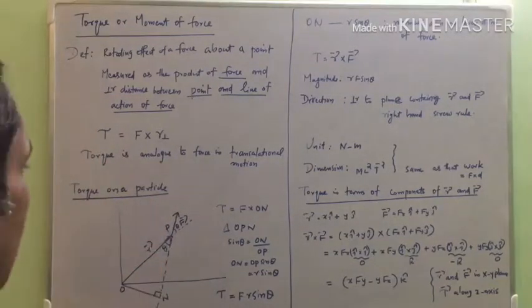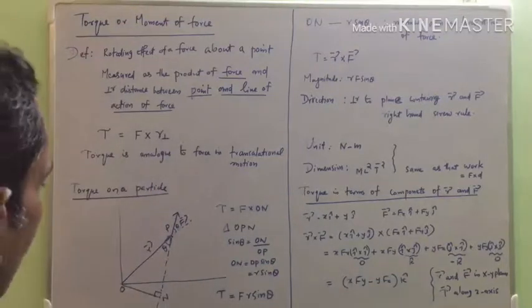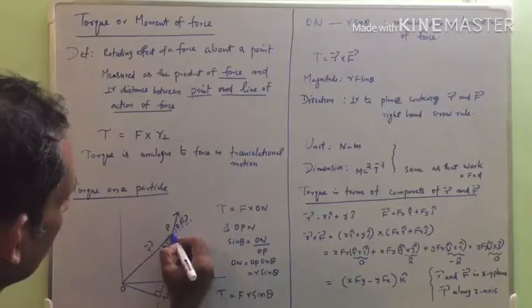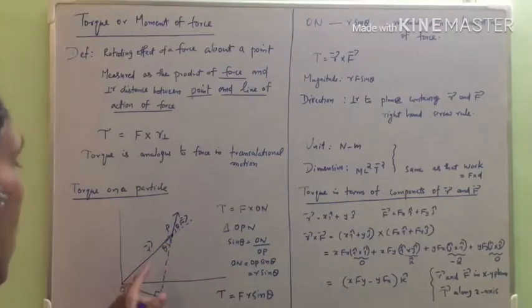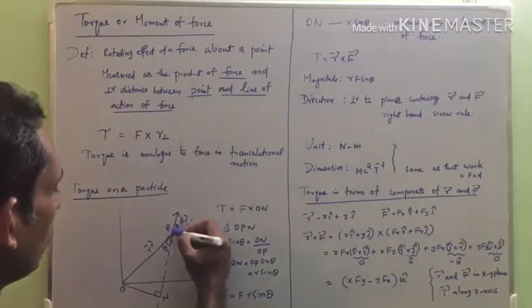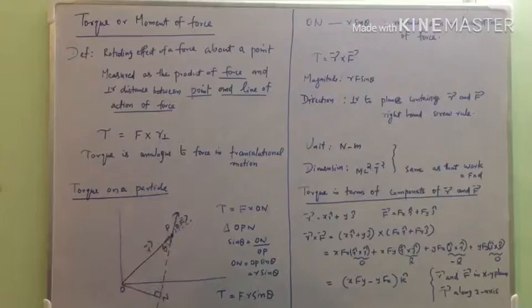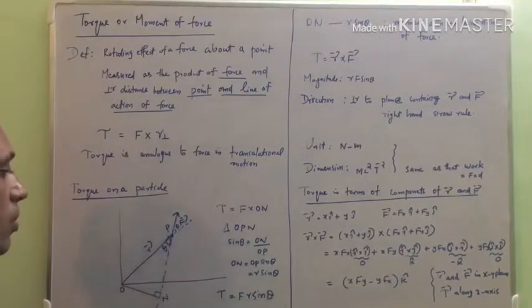Now let's calculate torque acting on a particle. Suppose we have a particle at point P. Its position vector with respect to the point O is vector r. A force F is acting in this direction. This angle is theta, so this angle also will be theta.